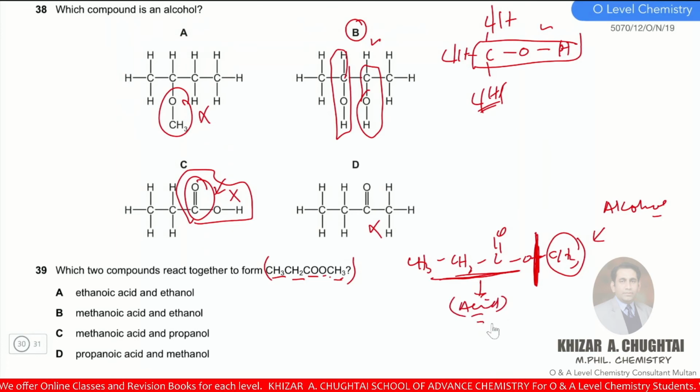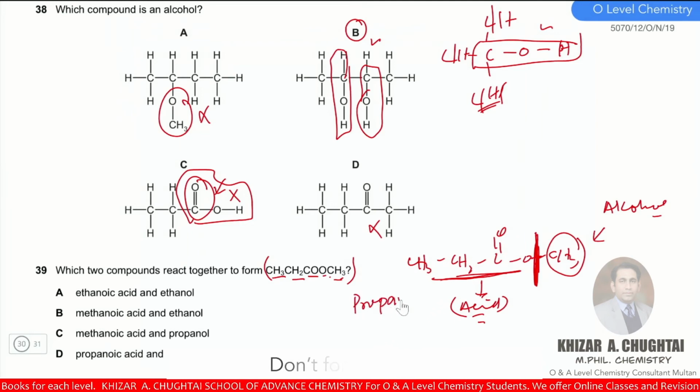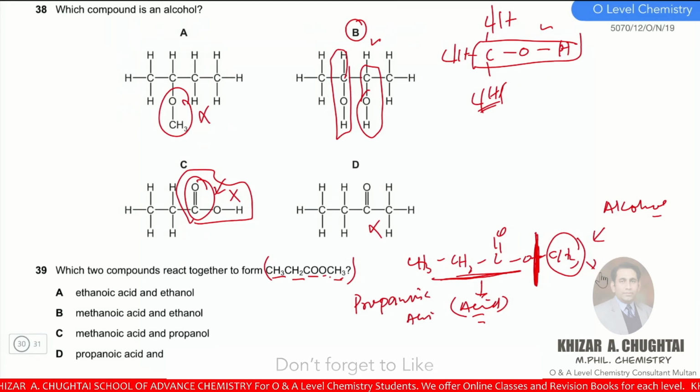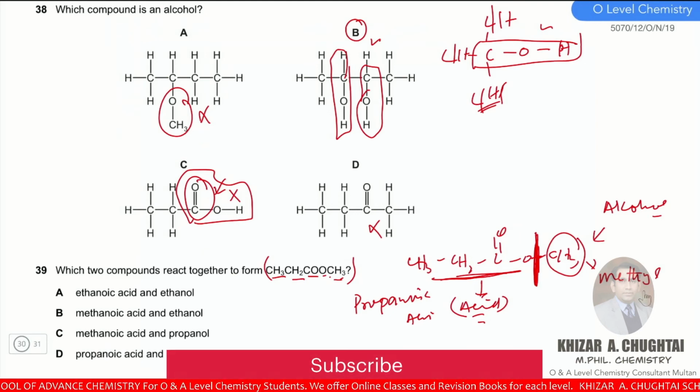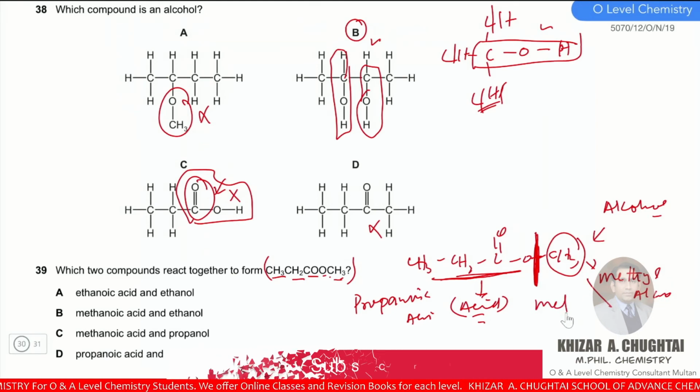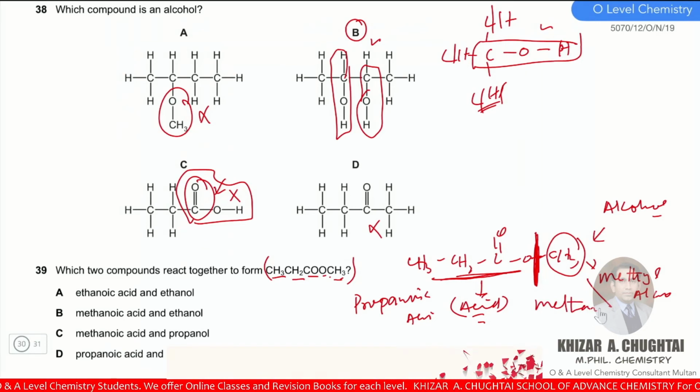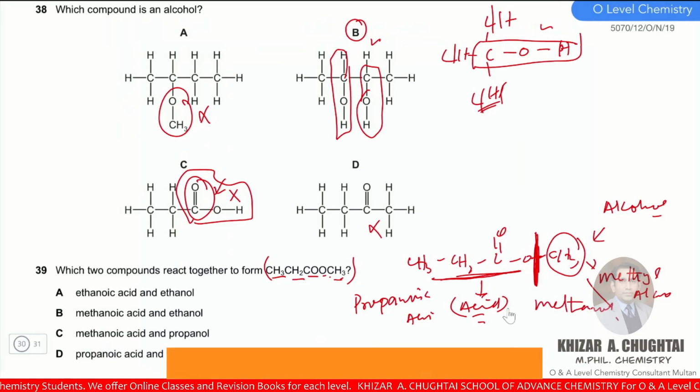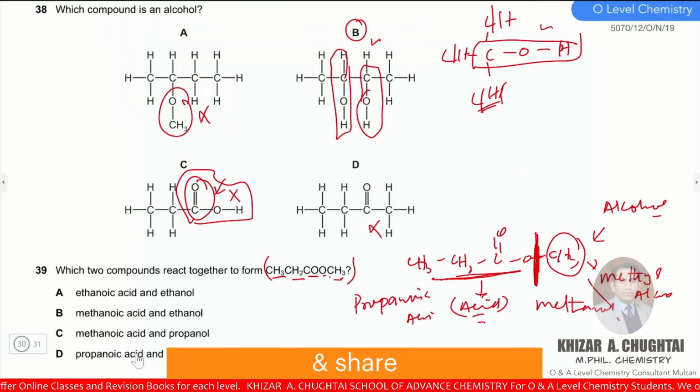So the acid should be a 3-carbon acid, that is propanoic acid. And the alcohol must be the 1-carbon alcohol, methyl alcohol or methanol. So methanol plus propanoic acid, and D is the correct option.